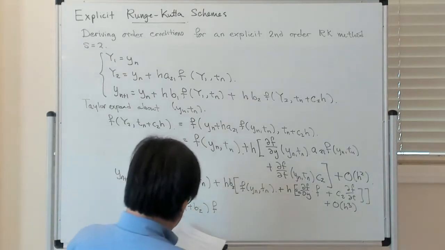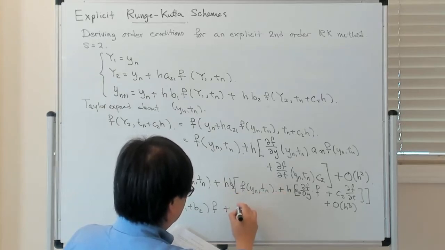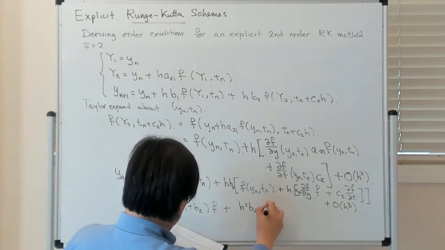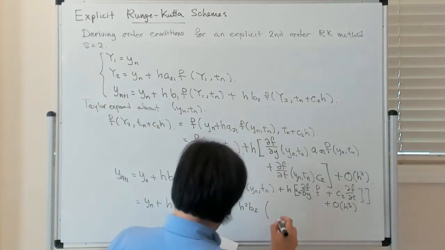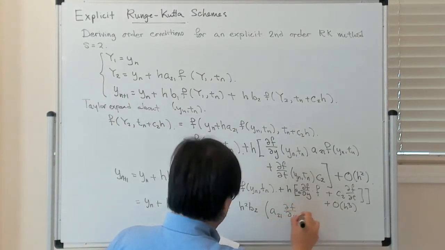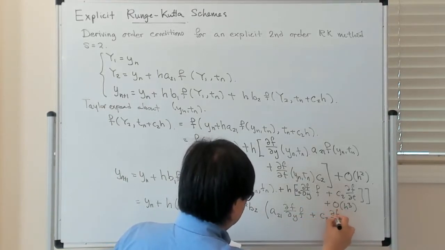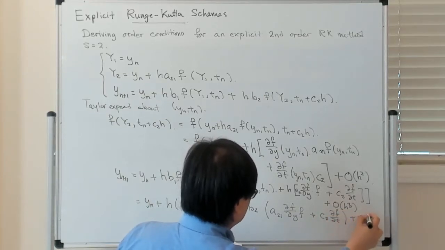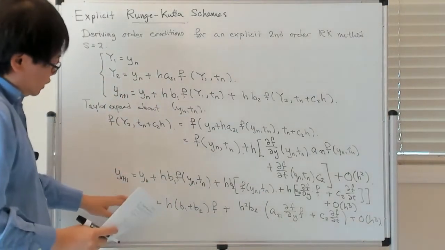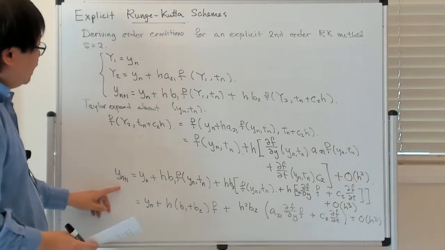Plus now an h squared b2 term multiplied into a21 df/dy times f, plus c2 df/dt, again, plus something which is big O of order h cubed.